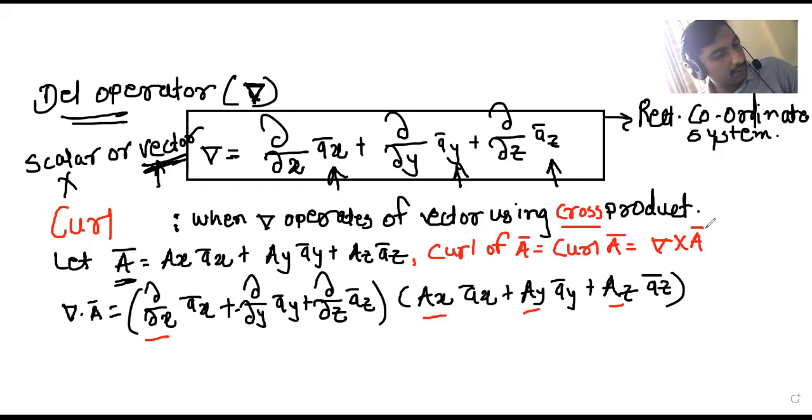So in that case, you have to write it as del cross a bar. I should mention the sign here. It is going to be a cross product.